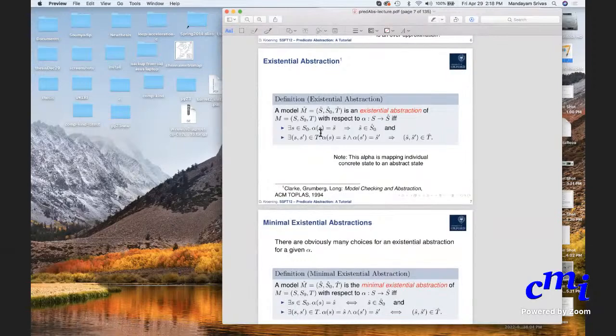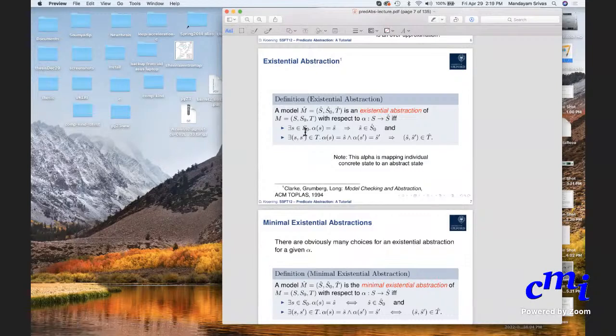Every abstract state becomes an initial state if even one of the concrete states that get mapped to that abstract state satisfies the initial condition of the concrete system.